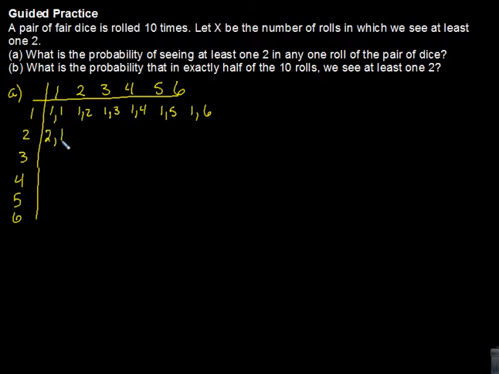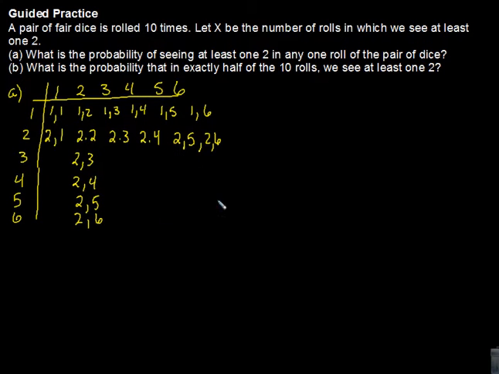Here would be a 2 and a 1, a 2 and a 2, a 2 and a 3, a 2 and a 4, a 2 and a 5, a 2 and a 6. And then if I go down the column of 2s, I'm not going to have any 2s here, and I'm not going to have any 2s over there.